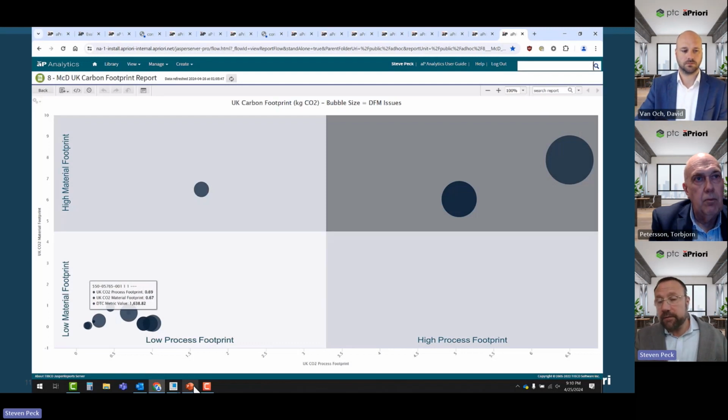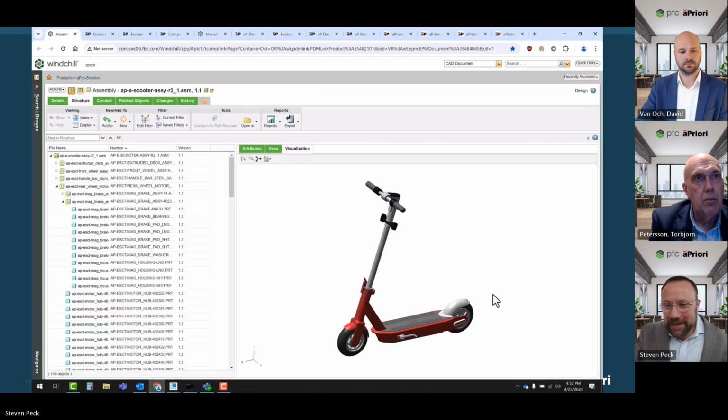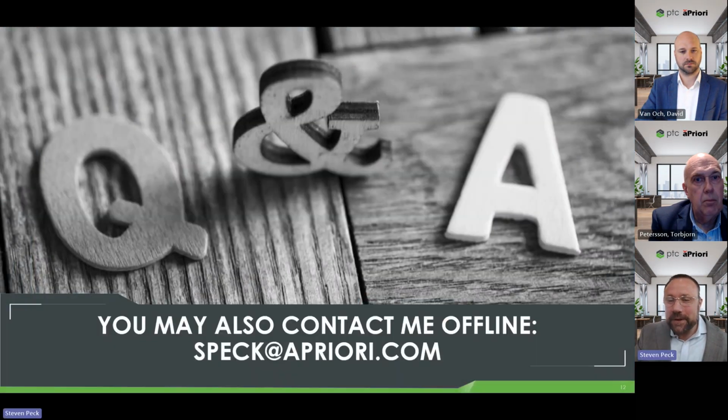So now we have visibility throughout the enterprise and collaboration tools to get the input and make effective decisions to optimize the product.